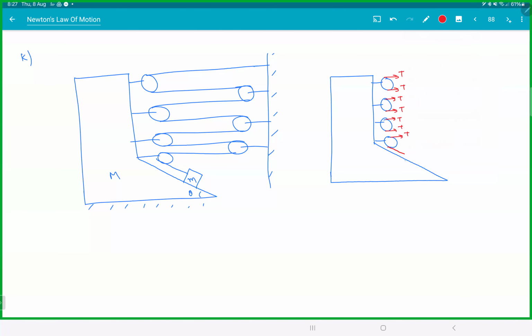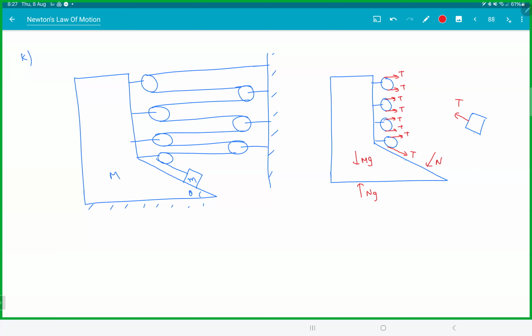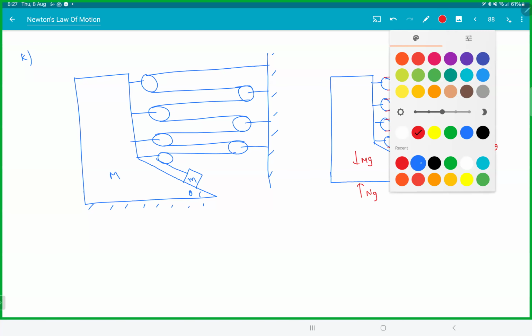Now be careful, this tension will be like this at an angle. This will be normal reaction. This will be weight and this will be the normal from the ground. That last pulley thing you have to be careful. This will be tension, this will be N. Mg and this will be your N. Clear everyone? That is about FBDs.